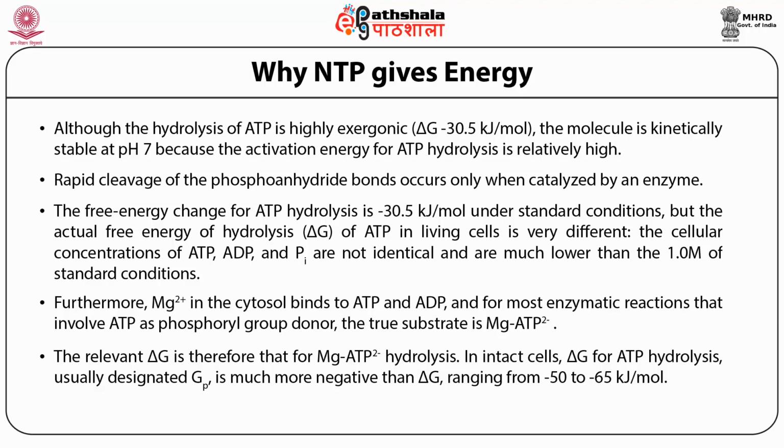So out of the 4 factors, the first factor gets reduced in the presence of magnesium, but the remaining 3 factors are going to be enhanced in the presence of magnesium. Therefore, in the presence of magnesium, ATP hydrolysis is relatively more favorable as compared to its absence.